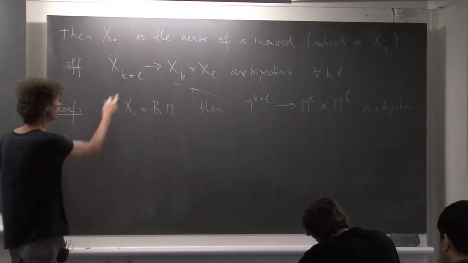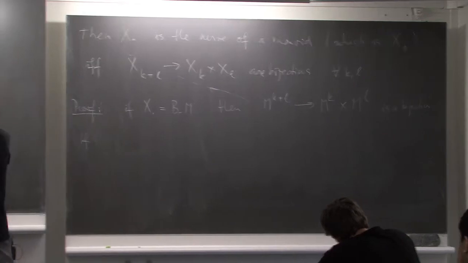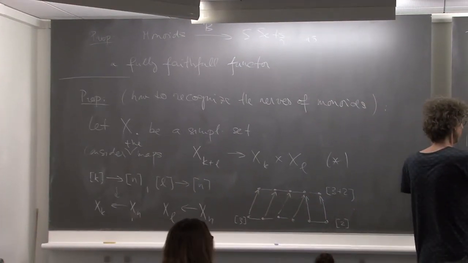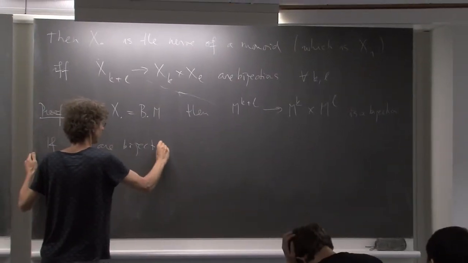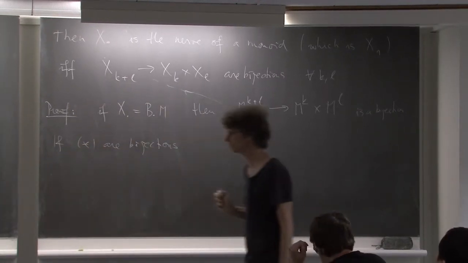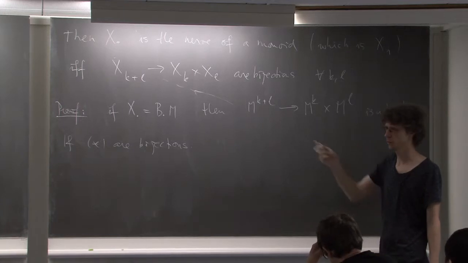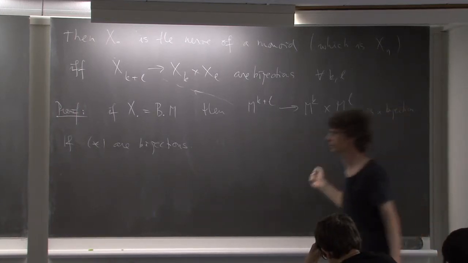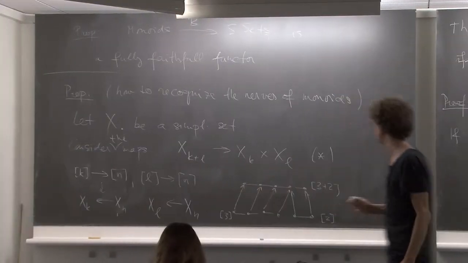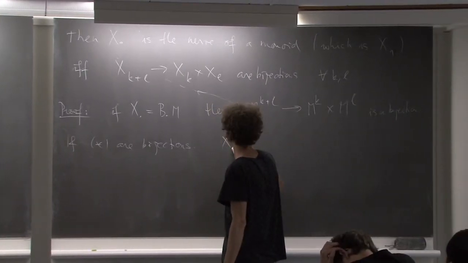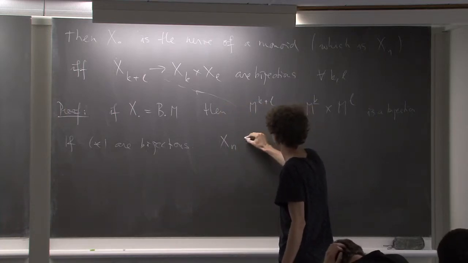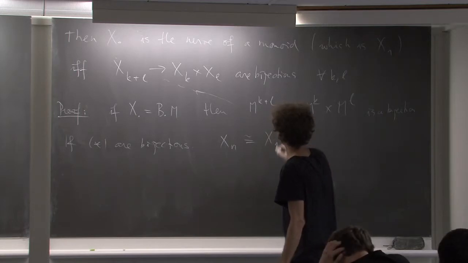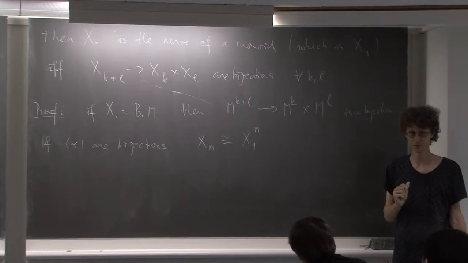Now, so if those things are bijections, then simply by repeatedly using that stuff, say decomposing those numbers into smaller and smaller ones, necessarily X_n is, well, in bijection with X_1 to the power n, right?